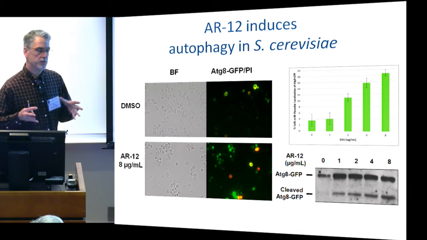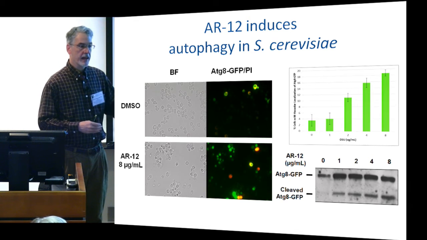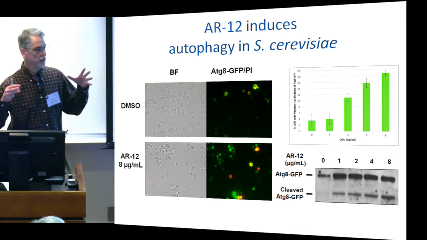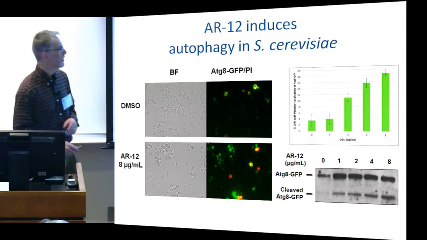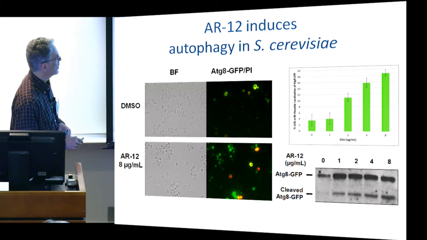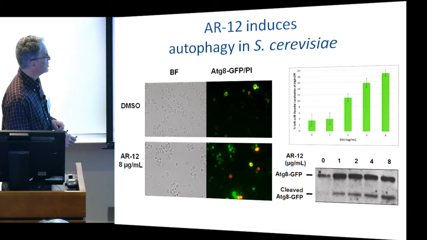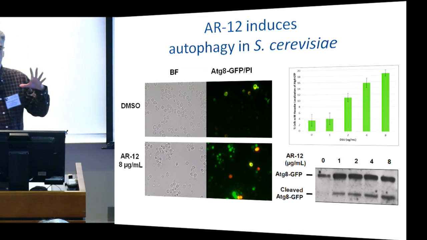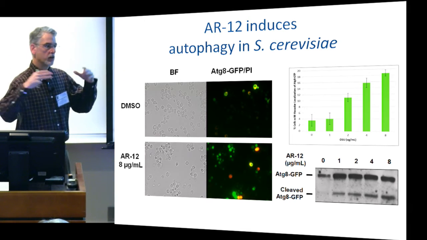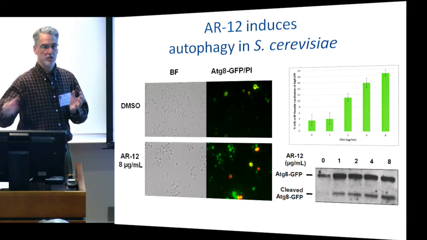This enzyme has been studied a lot in Saccharomyces in the setting of replicative aging, because it's in the whole acetyl-CoA NAD pool of enzymes. And one of the things reported a few years ago is that if you shut off ACS2, you induce autophagy. So we looked at ATG8-GFP localization in the presence of drug. ATG8 is a cytosolic protein that, when autophagy is induced, goes to the vacuole, assembles, and is then processed as part of the autophagy pathway.